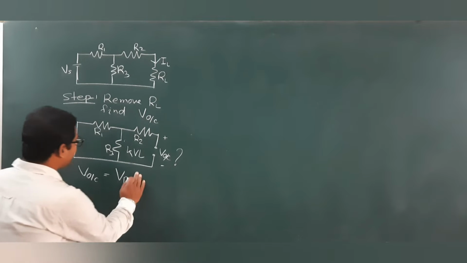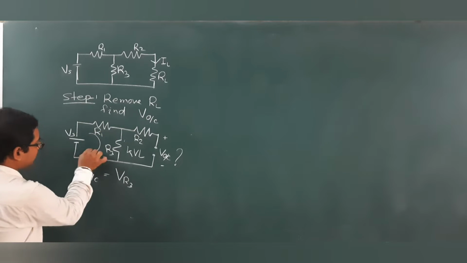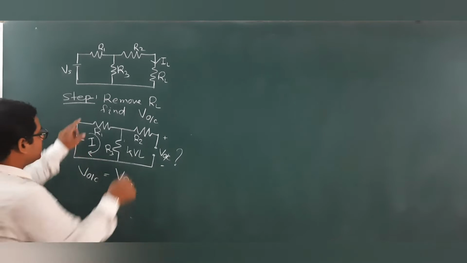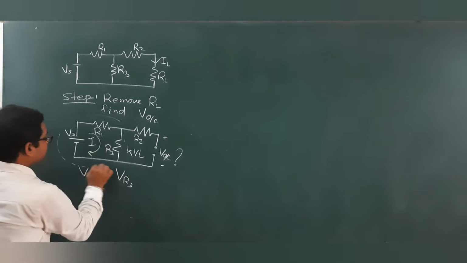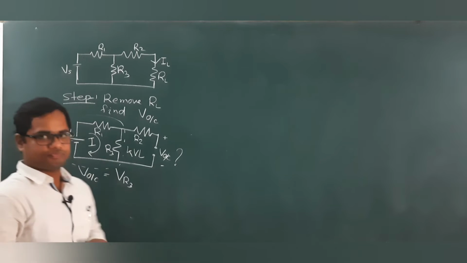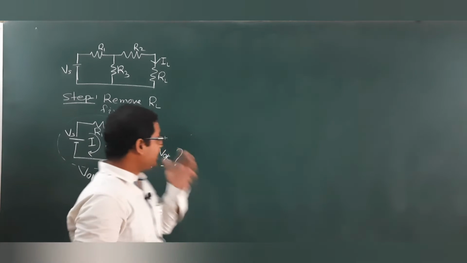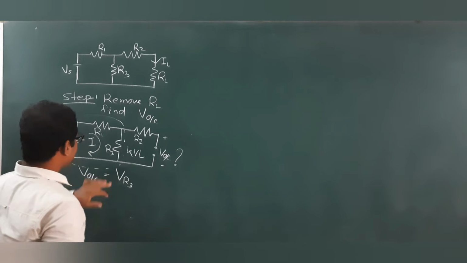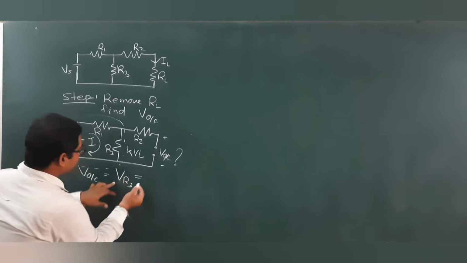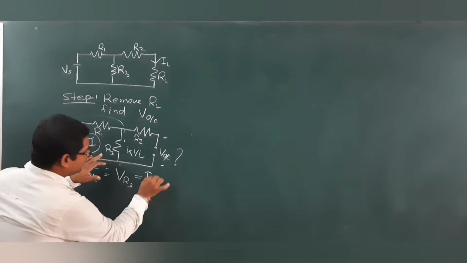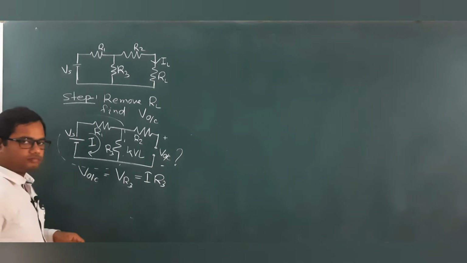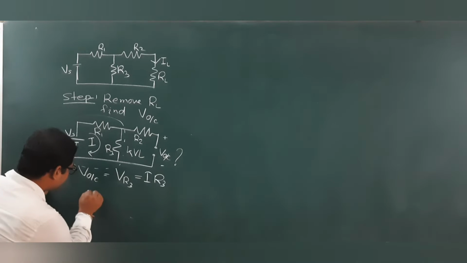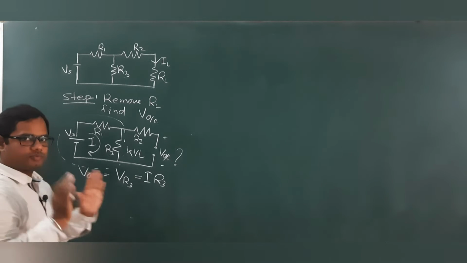So for VR3, whatever current is flowing through this loop, I am taking as I. So I is the current flowing in the first loop. The voltage here is I into R3. Then how to find I? I will be given by simple Ohm's law.